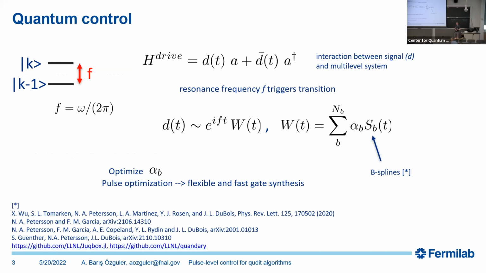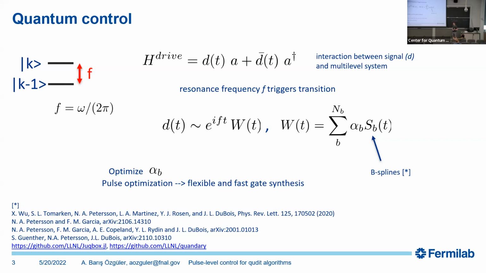Quantum control: the goal is to trigger transitions between energy levels, and we do this by using resonance frequencies in our drives. There's a drive term D, a complex function. It is an interaction with the cavity mode. A and A dagger are the annihilation and creation operators for a multi-level system. It can be a bosonic mode, and this drive term includes the resonance frequency.